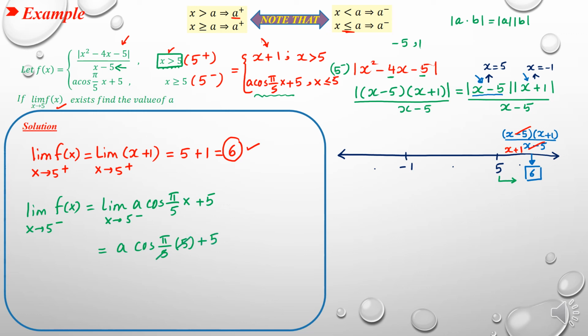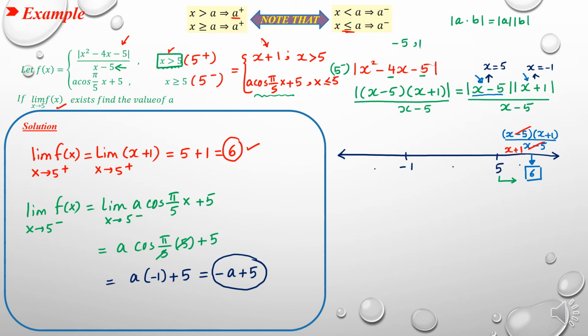Cancel 5 with 5, and as you know, cosine of pi equals negative 1. So we have a times negative 1 plus 5, which gives us negative a plus 5. And this is the limit of the function when x goes to 5 from the left.